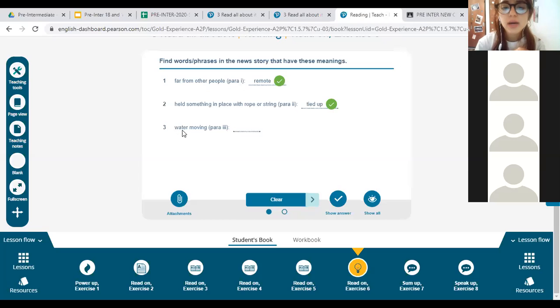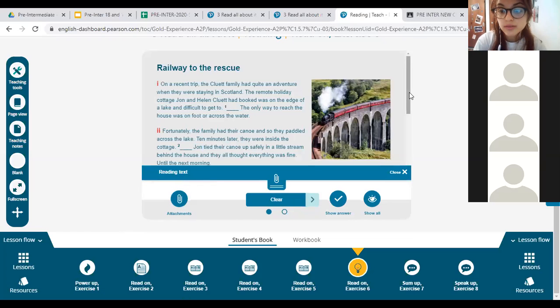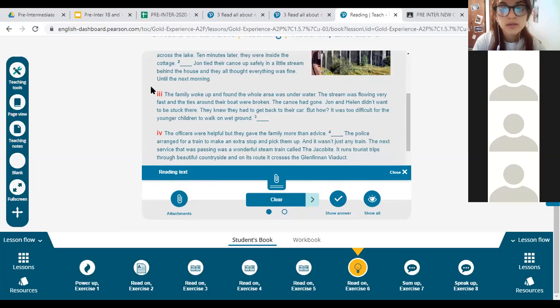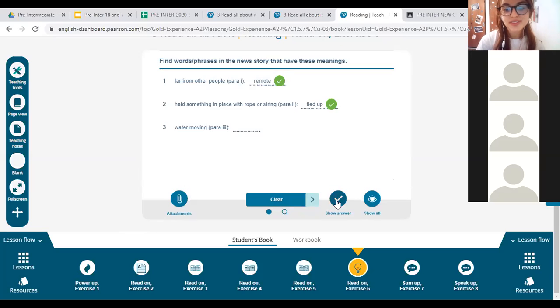Okay, now we need a word to describe the movement, to say that the water is moving. So we need an ing word here. Let's see. Flowing. Very good. See that the stream was flowing.